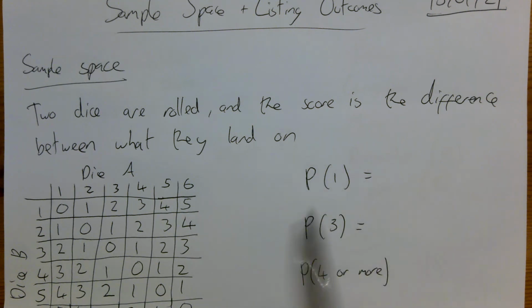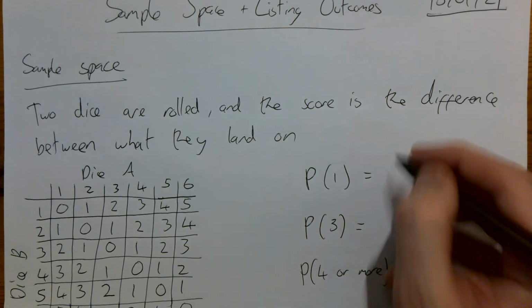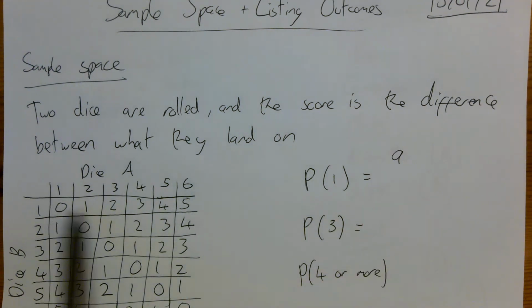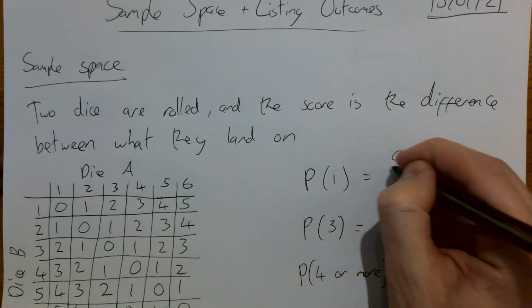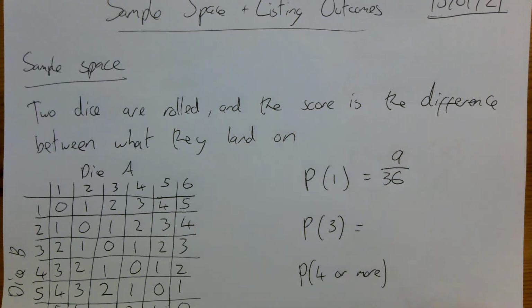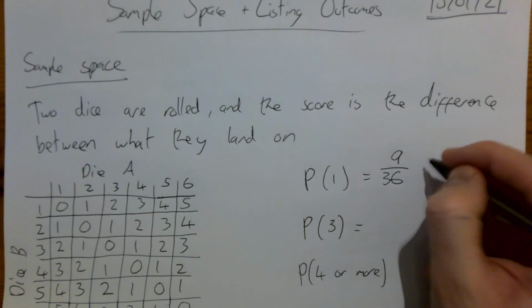Probability of a 1, well let's have a look. There are 1, 2, 3, 4, 5, 6, 7, 8, 9 ones out of 6, 12, 18, 24, 30, 36 possibilities altogether. So the probability of getting a 1 is 9/36, or for those of you keen to cancel it, simplify it, that's great as well.